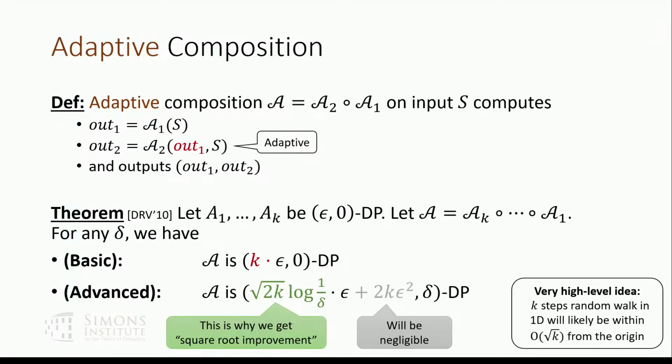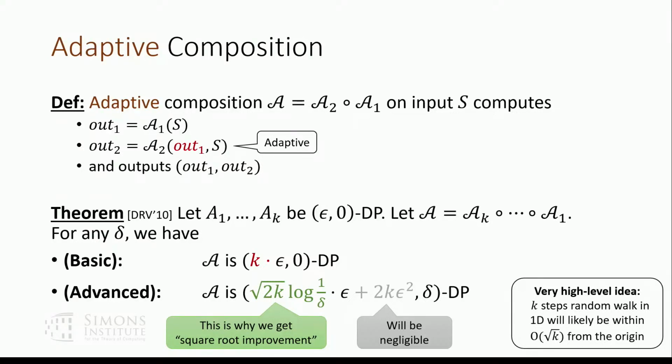At a very high level, the intuition for why you get square root k instead of k is that when you do k random walks in 1D, you should be within root k instead of k from the origin. So anyway, that's adaptive composition.